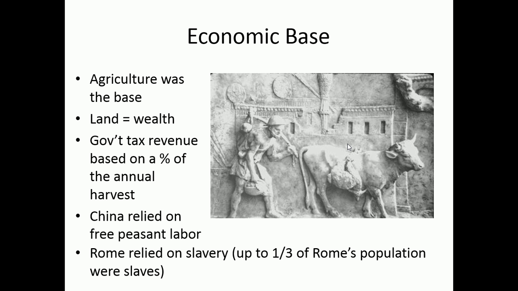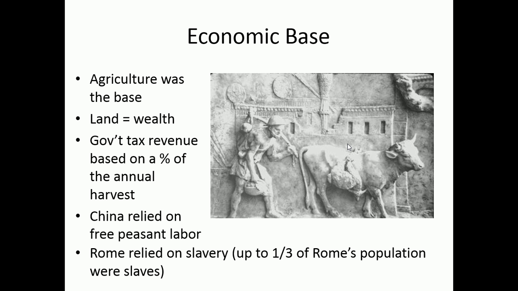For example, if you're a peasant working on a Han elite's land, then you would pay your landlord your rent, and then your landlord would pay up to the national level. So there was a gradation of taxation going on there.